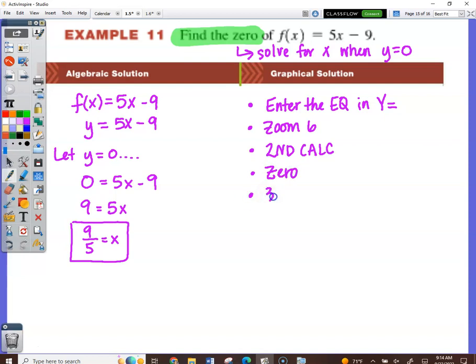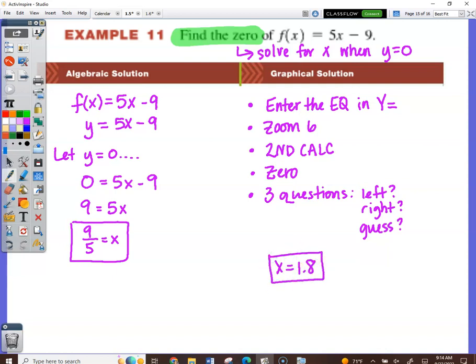And it's going to ask you your 3 questions. Left, right, guess. And you just press enter. And we came to 1.8, which is the same thing.